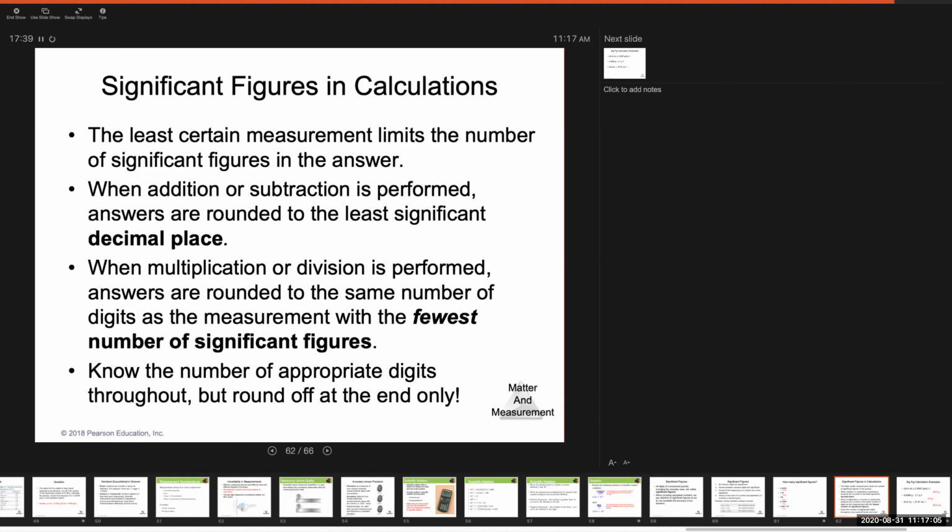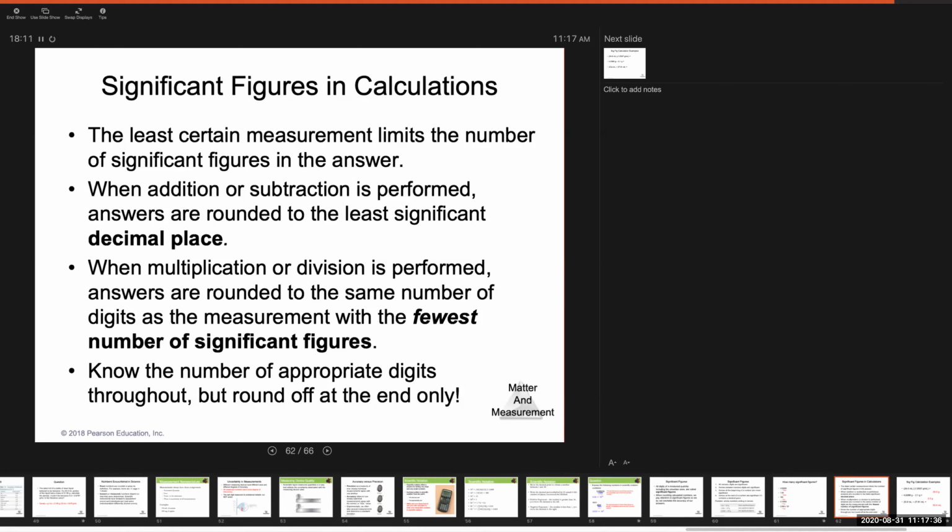Okay, this is what we were hinting at before: what about calculations? The rule in calculations is the least certain measurement limits the number of significant figures in the answer. So if I do one weight and it has 3 significant figures, and I do another weight that has 5 significant figures, that 3 significant figure weight is going to drive my multiplication, my division, things like that.